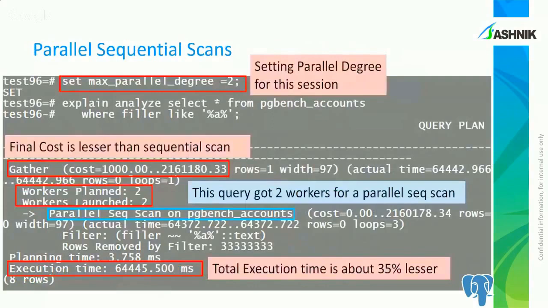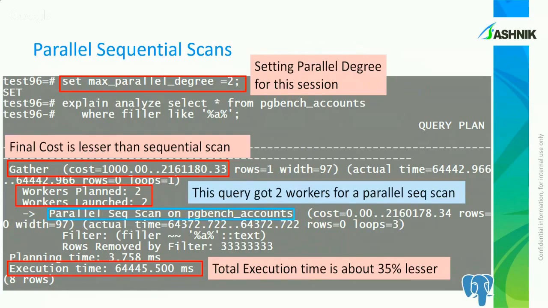Whereas when I enable parallelism with maximum 2 worker processes, I can see that the cost is much lesser compared to the previous execution of the query. I can see that this time the optimizer planned to use 2 worker processes.